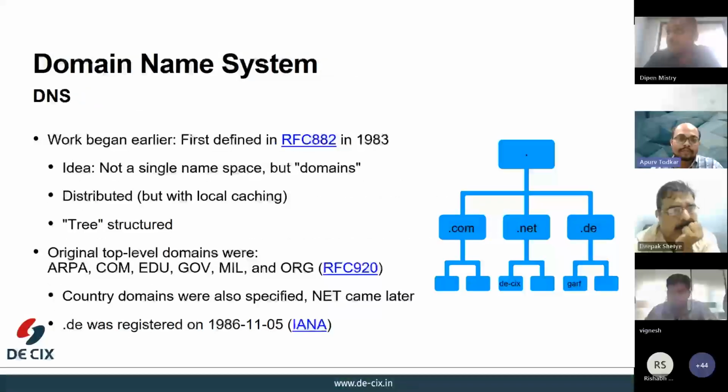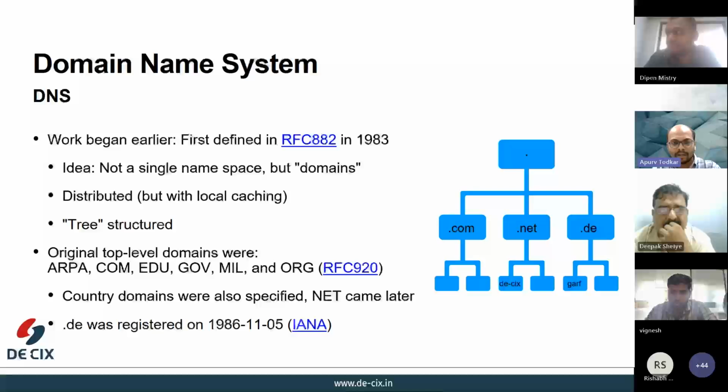The work actually began quite earlier, with the first RFC drafts in 1983. The idea was to move away from a single flat table of entries and use a tree-like structure, like you can see in the diagram, which is what we use today also. This structure includes domain names in a hierarchical format.